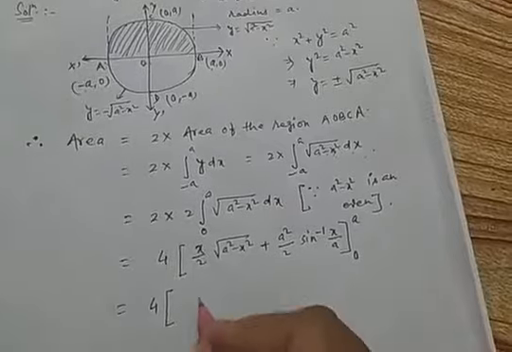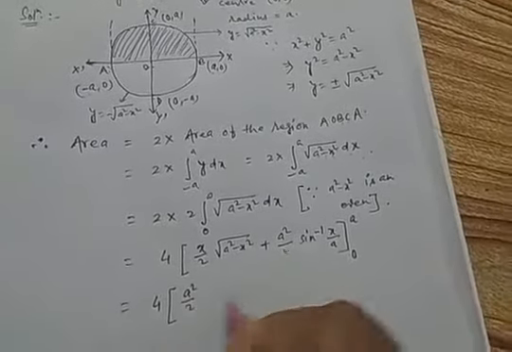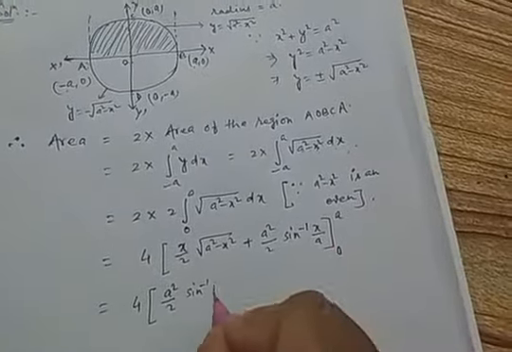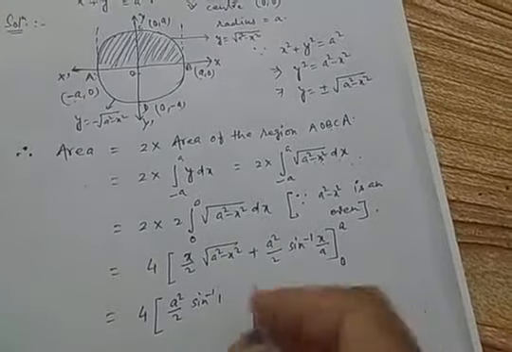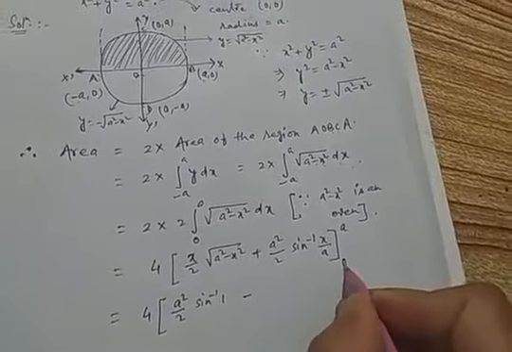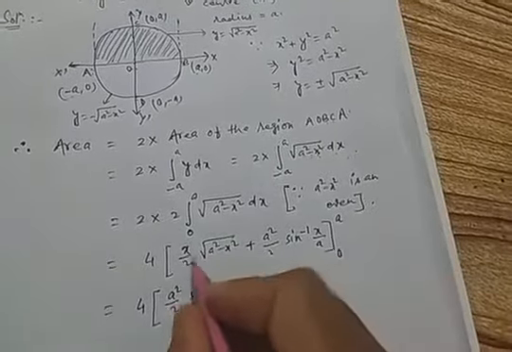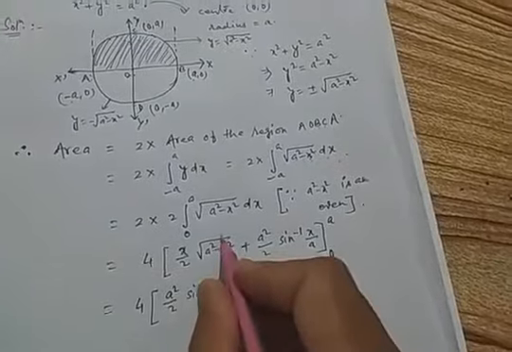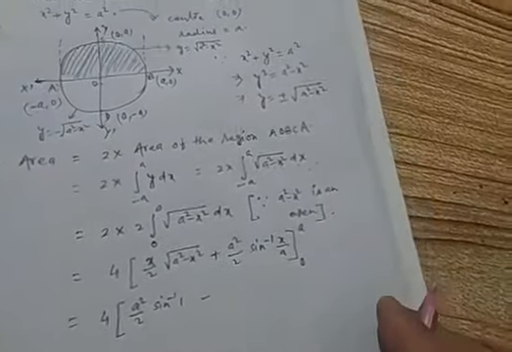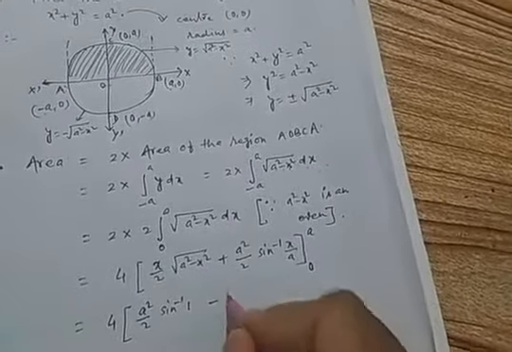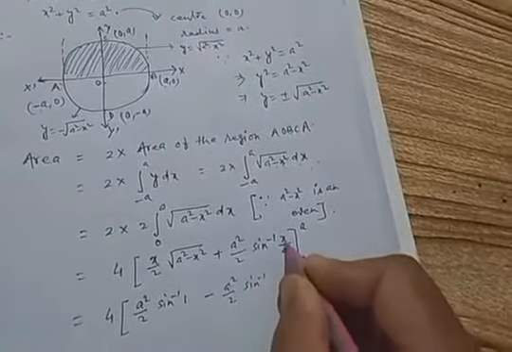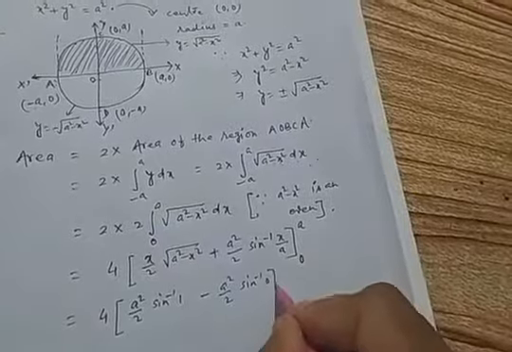Now here a square by 2 sin inverse a by a, which is sin inverse 1, okay. Now minus, this part will be, when we put x is equal to 0, this part will be 0 here. Now a square by 2 sin inverse 0 by a is equal to 0.